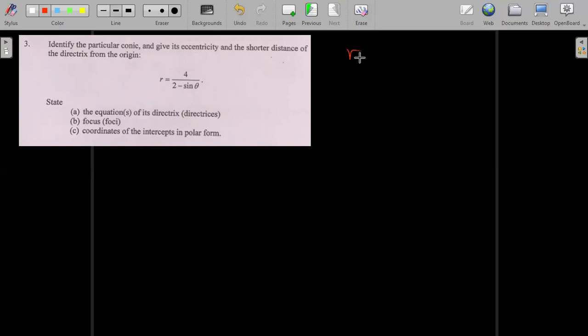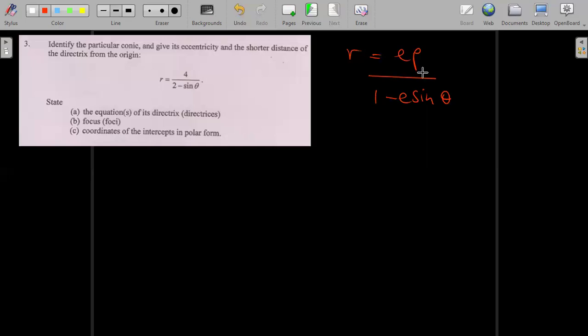Now for this question, you must notice that the general form, in terms of r, is going to be r equals ep divided by 1 minus e sine theta, where e is the eccentricity and p is the distance from the focus to the directrix.